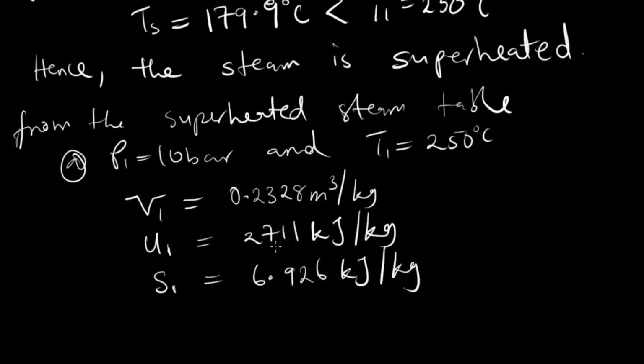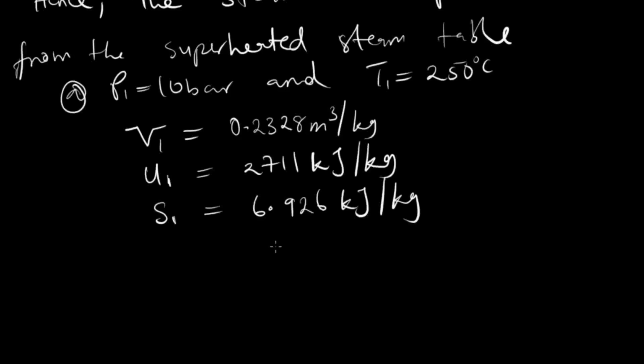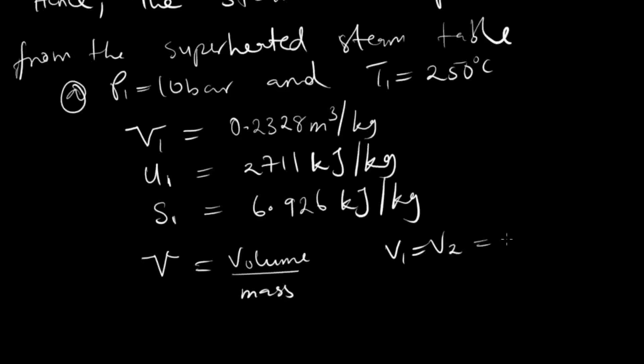So we have gotten the specific volume, but remember that specific volume, like we did before, is equal to volume over mass. Our volume V1, which is still the same as V2, is 0.14 meter cube.